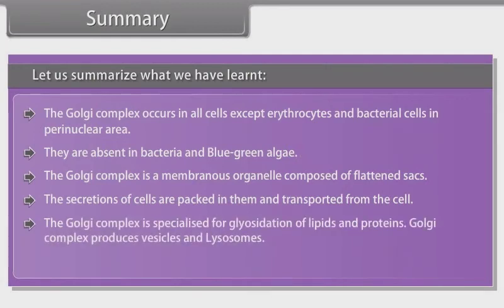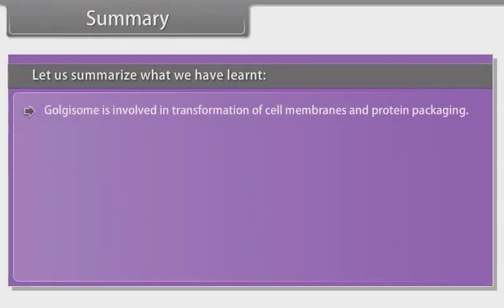The Golgi complex is specialized for glycosylation of lipids and proteins. It produces vesicles and lysosomes. ETC is a component of the Golgi complex. The Golgi complex is involved in transformation of cell membranes and protein packaging. The Golgi complex is the export house of the cell.